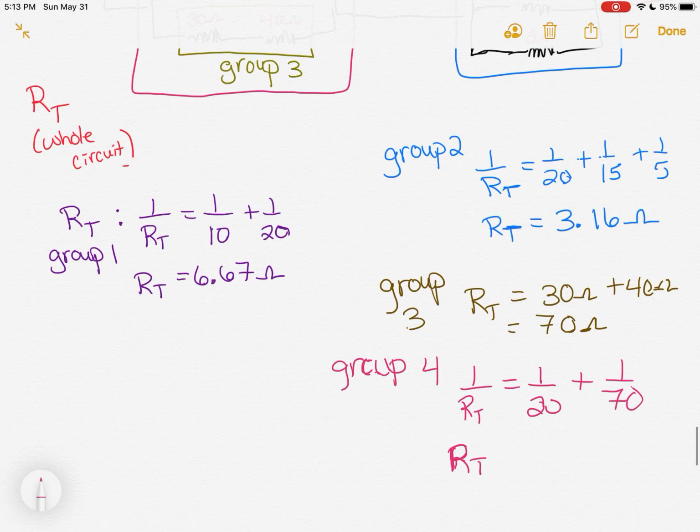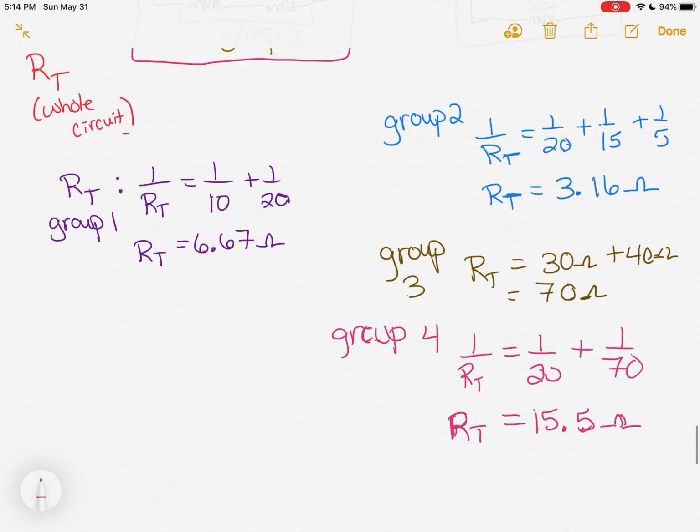Okay, so then our total resistance there. So we're going to do 1 over 20 plus 1 over 70. And so we're going to get a total resistance of 15.5 ohms.